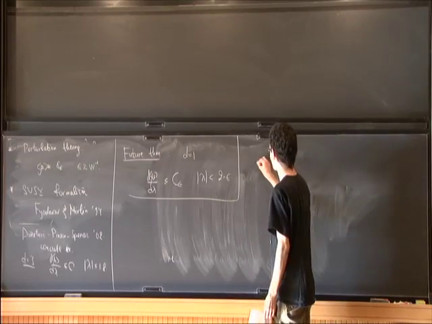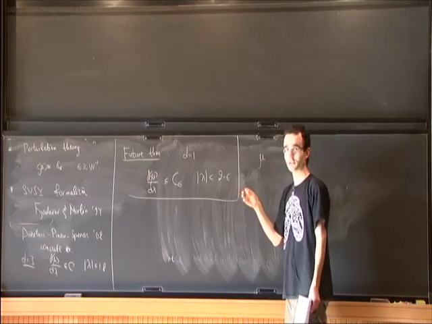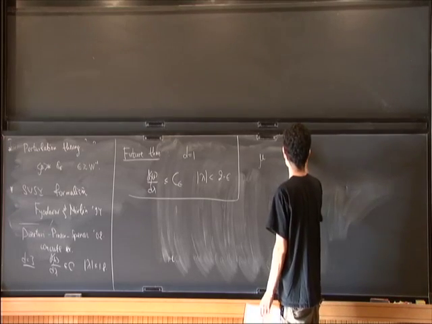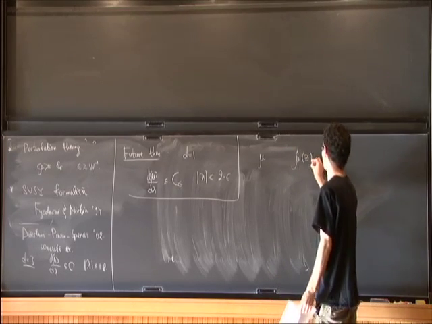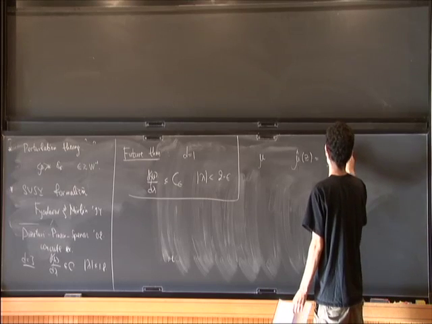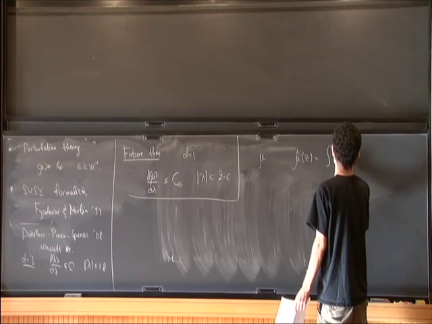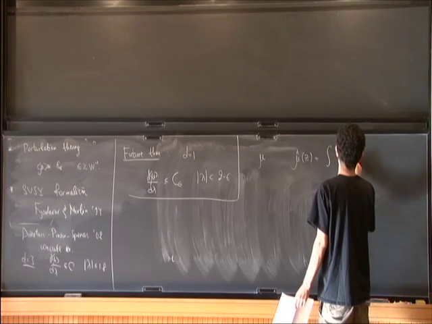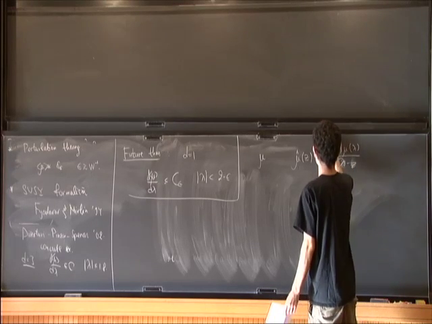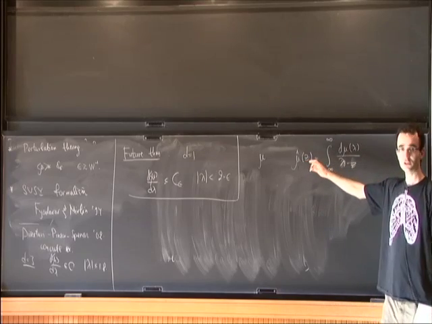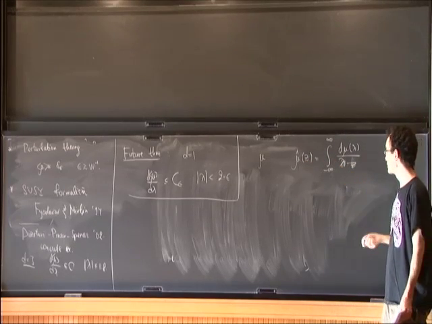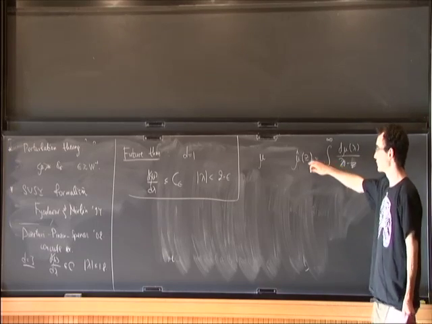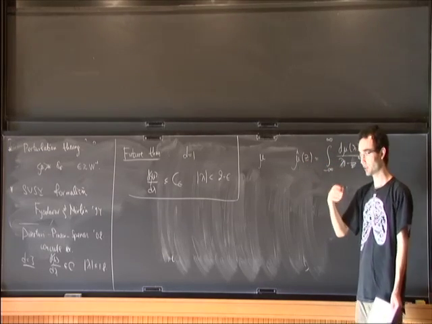So how do you study a measure mu, especially if it's a spectral measure of some operator? One convenient object is the Stieltjes transform, which is an integral transform defined by this formula. It makes sense whenever z is not real. It's a convergent integral. And basically the challenge is to understand what happens when z approaches the real line.